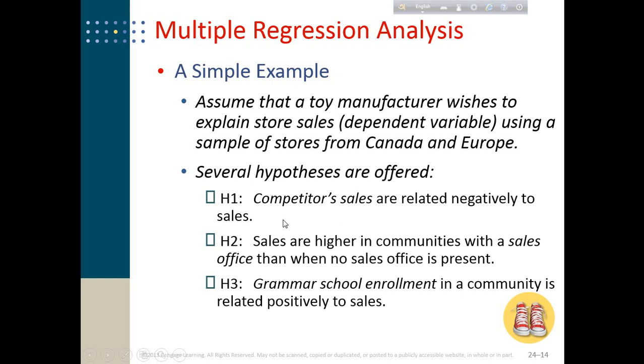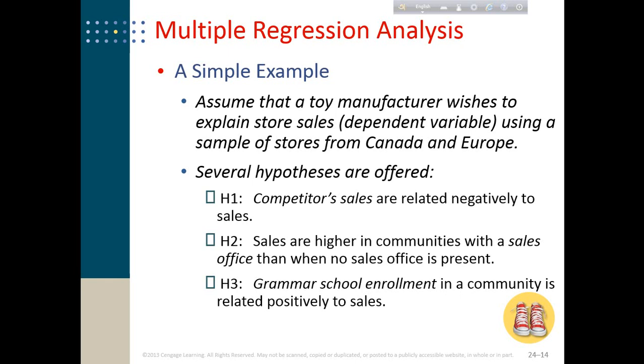Basically what they're trying to find out, they have a number of stores in different locations. So what determines variation in sales among these stores? The first hypothesis is competitor sales. They're assuming that if their competitor sales increase, their sales decrease. So that's a negative relationship. Sales are higher in a community where a sales office is present. So it's basically a dummy variable.